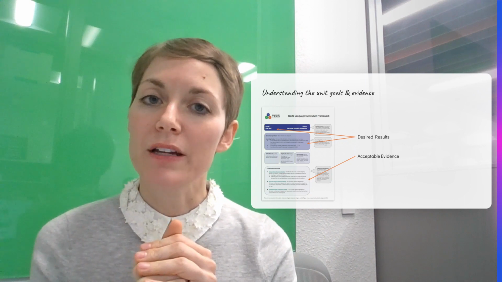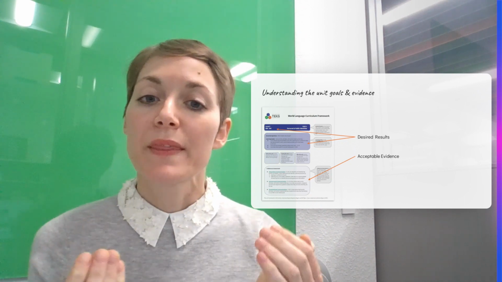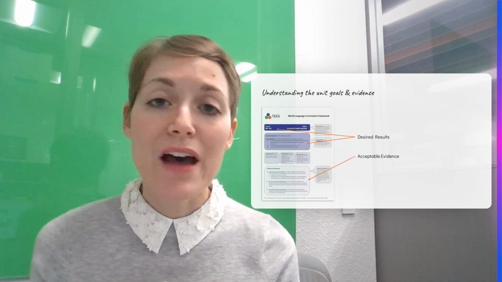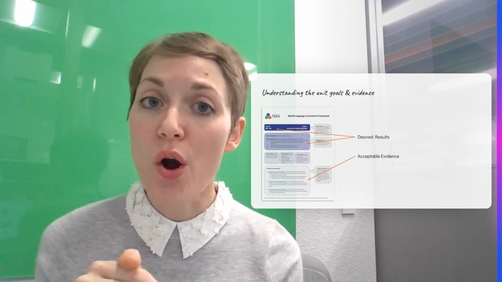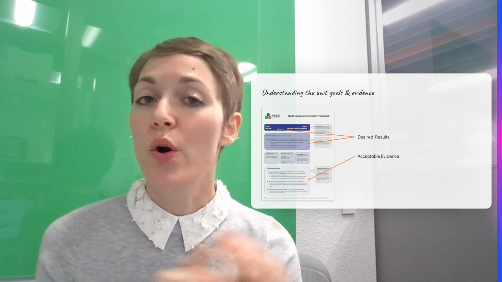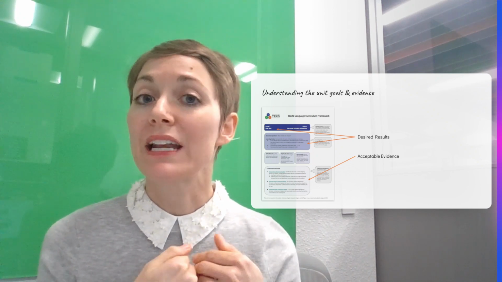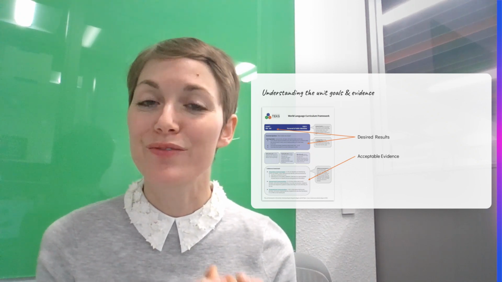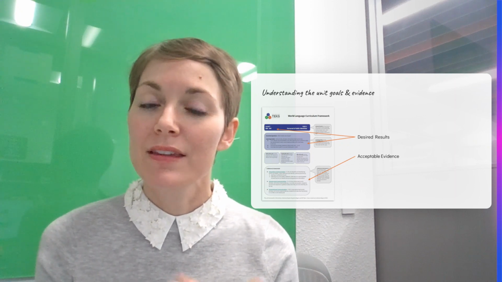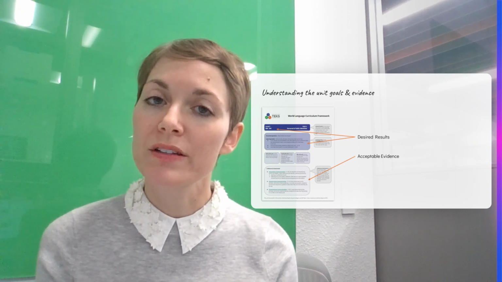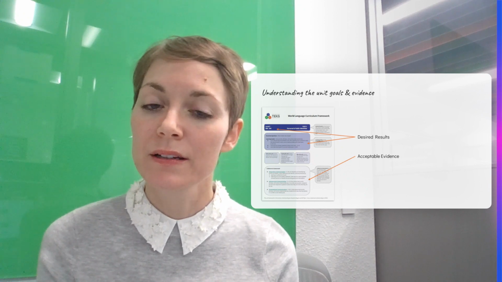Notice in your curriculum document or your unit document that the desired results never say that students know how to conjugate a verb or that they can use the subjunctive correctly or that they know all of the signs for the animals. The desired results are always communicative and they're always aligned to the TEKS.